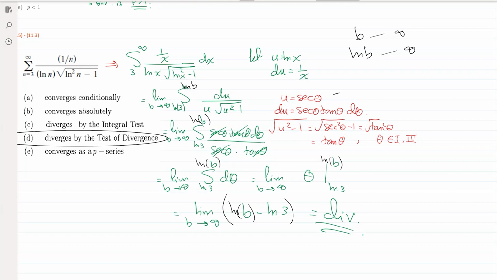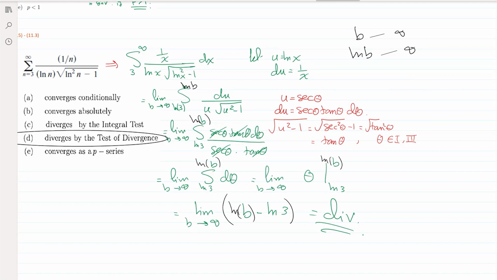If you want to find it in terms of theta, it will be secant inverse of u, right? So if u equals ln b, which is just a constant, it will be secant inverse of b. We are looking at infinity, so it will also be infinity.